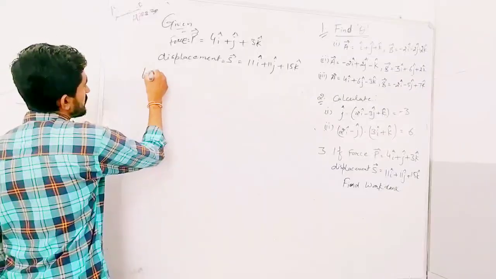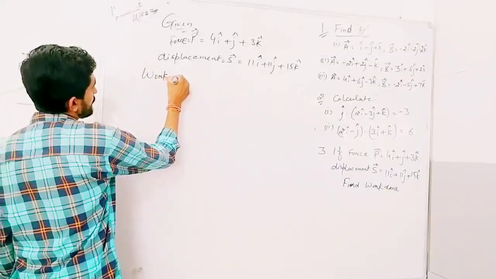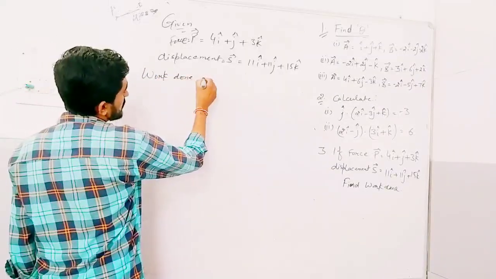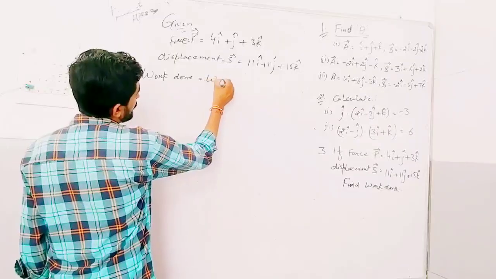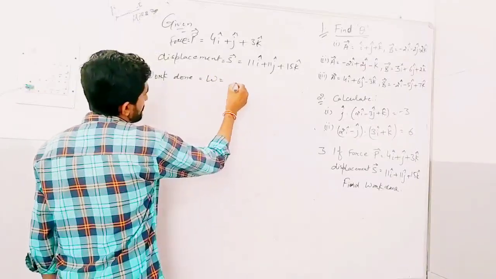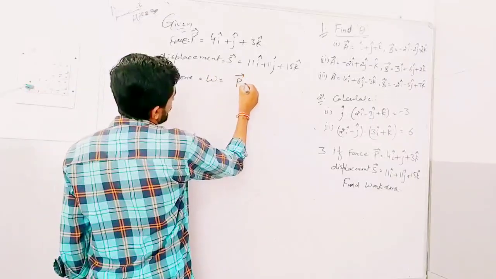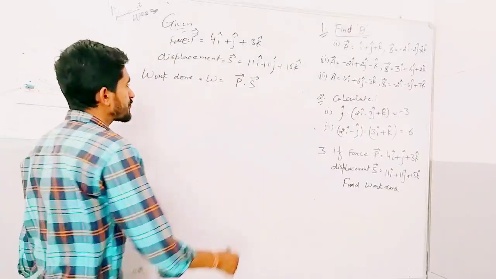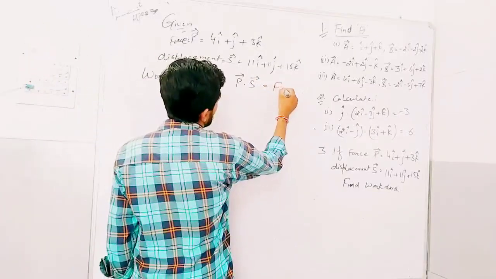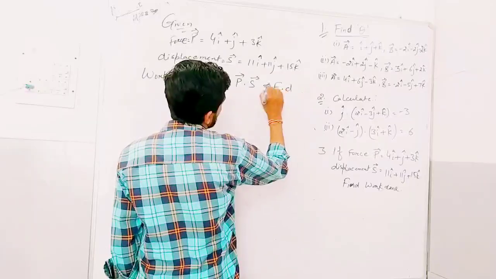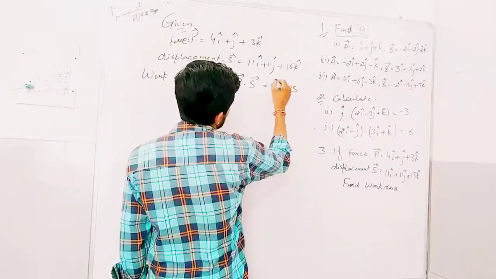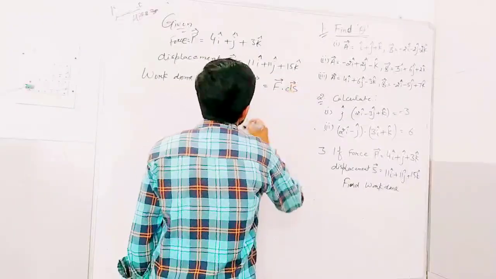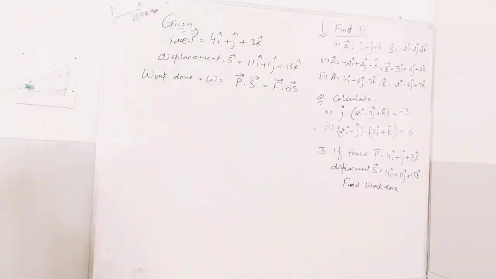For work done, W is P vector dot S vector. What is work done? Work done is force into displacement.